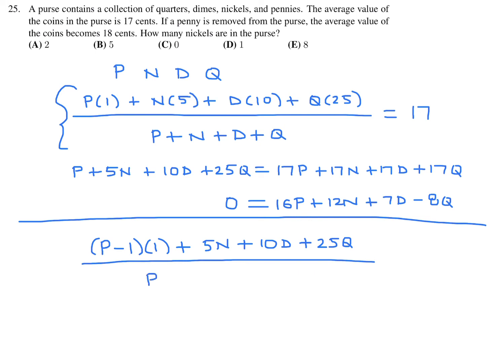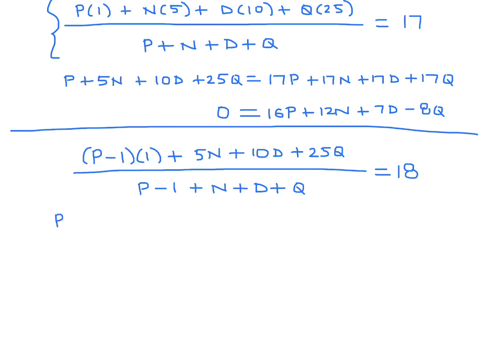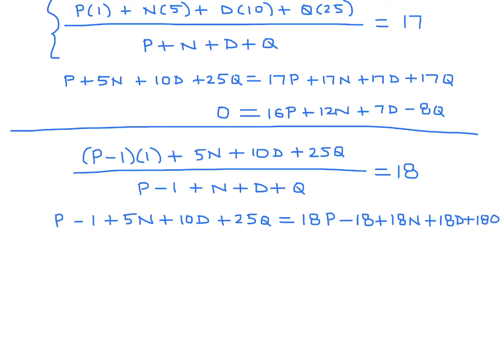So it's P minus 1 plus N plus D plus Q. And that, they tell you, is equal to 18 cents. Okay? So this becomes P minus 1 plus 5N plus 10D plus 25Q, and that is equal to 18P minus 18 plus 18N plus 18D plus 18Q.